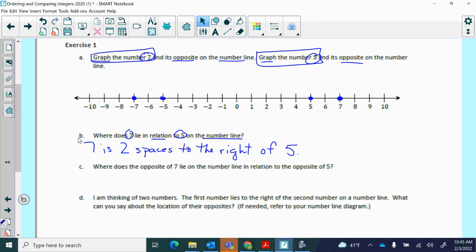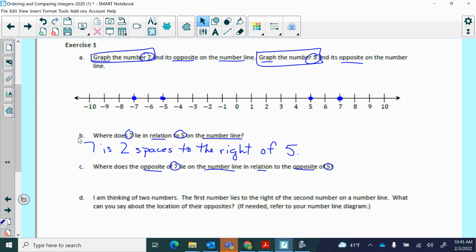Now, our second one, where does the opposite of 7 lie on the number line in relation to the opposite of 5? Kaylee? Good, -5.